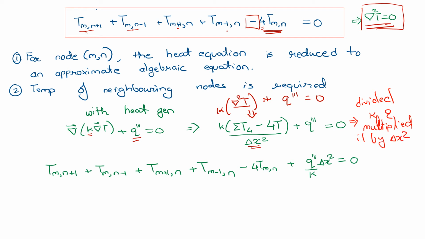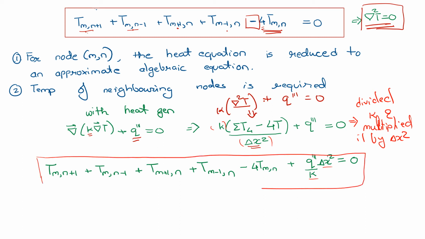So on multiplying it by delta x square, this delta x square gets cancelled out, and by dividing it by K, this K here gets cancelled out, whereas you'll get a K term in the denominator of the heat generation term and a delta x square in the numerator of the heat generation term. So this equation here is similar to the equation on the top, except that we have an additional heat generation term to it.